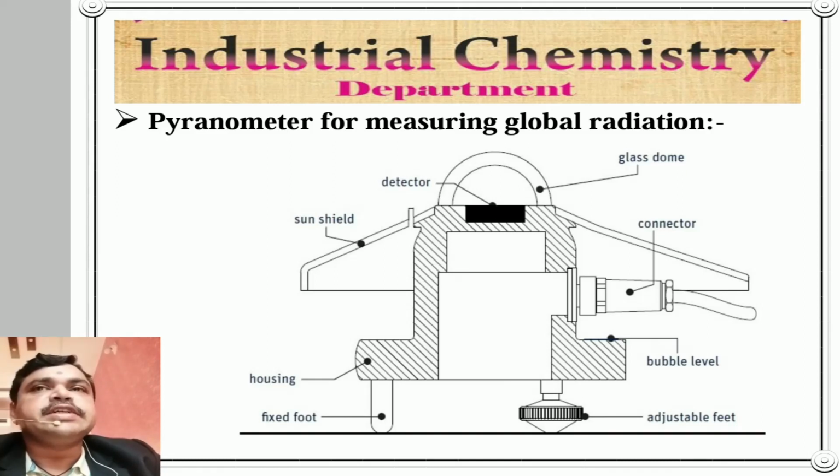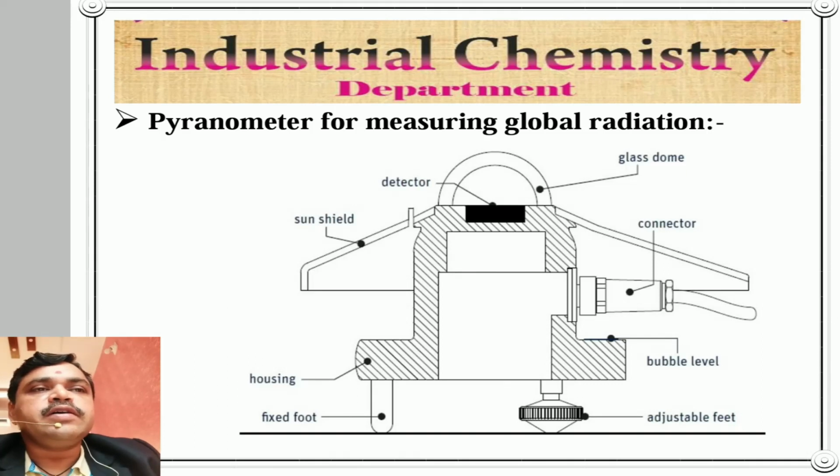Its temperature rises to the extent that the rate of heat gained by solar radiation is equal to the rate of heat loss by conduction and radiation.